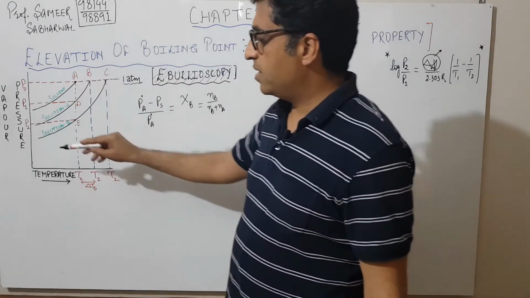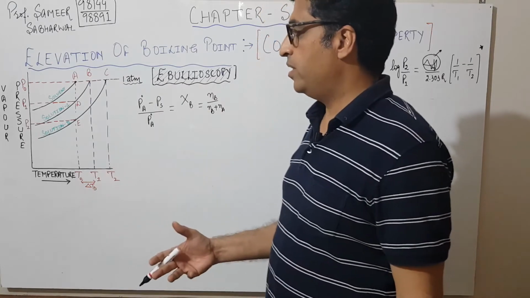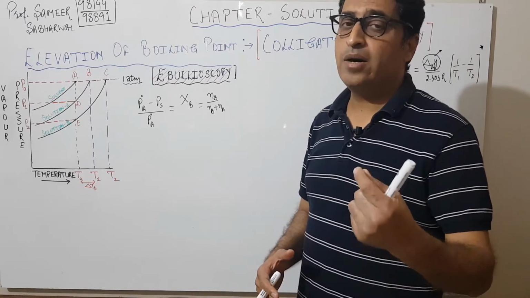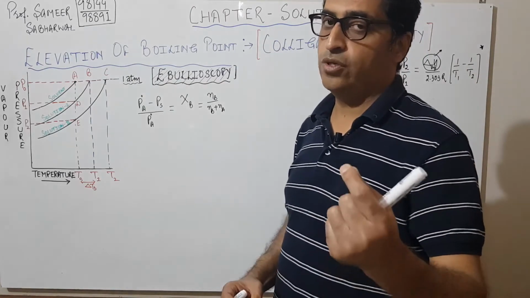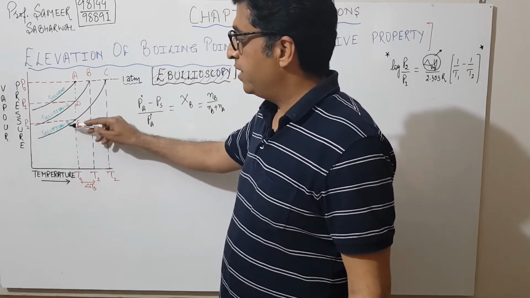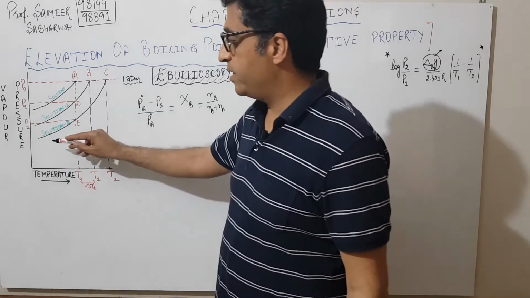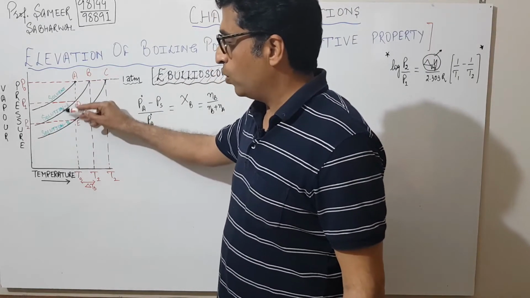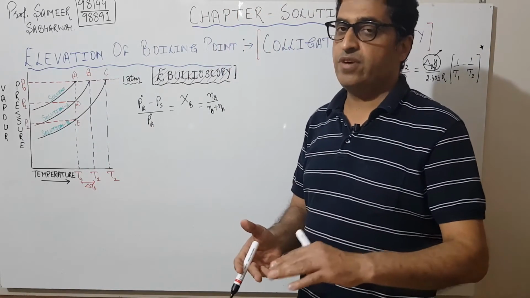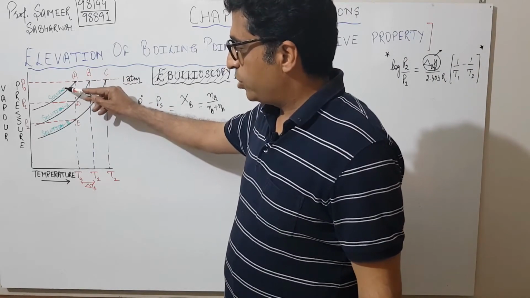In the third graph, I have taken another solution with the same solvent, but by increasing the amount of non-volatile solute to it. So with that, I got a second solution which is having more amount of non-volatile solute, and you can see that line is lying below solution 1, means there is a further decrease in vapor pressure of the solution.